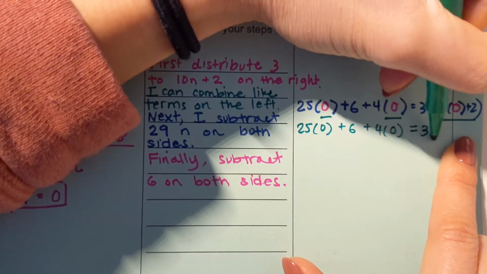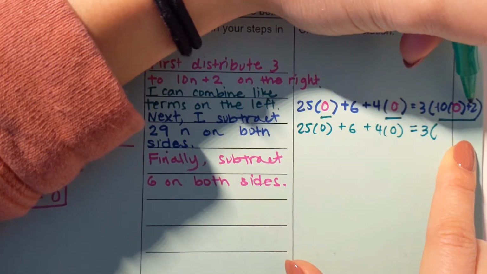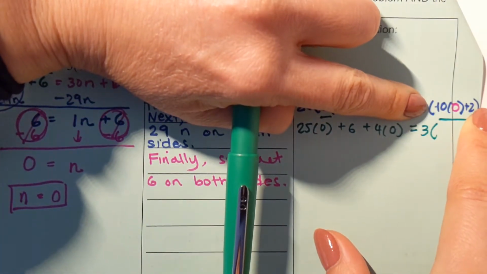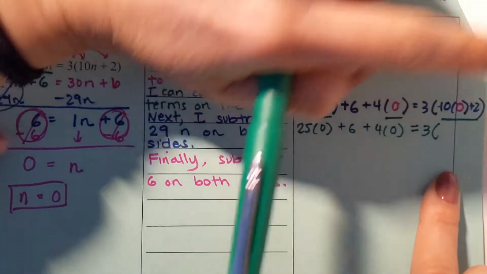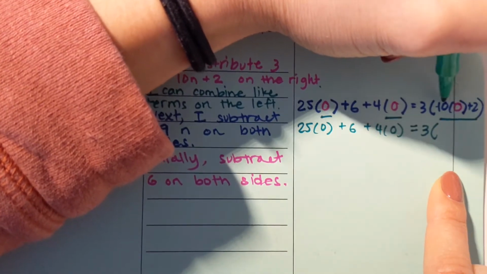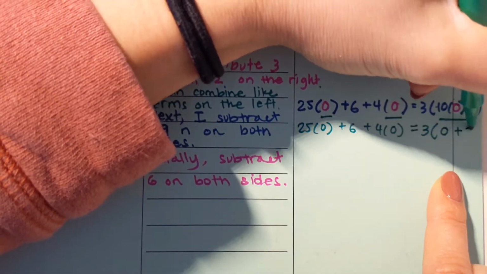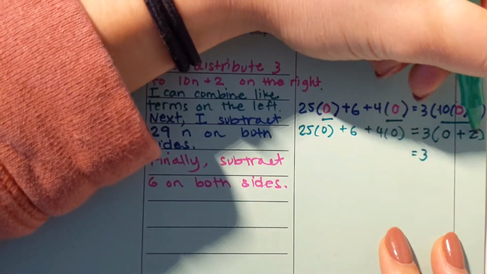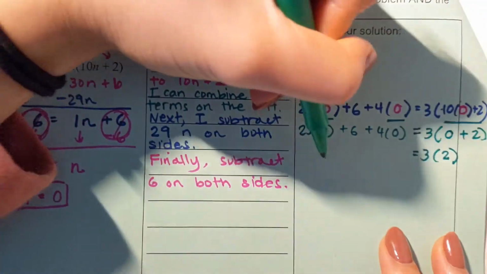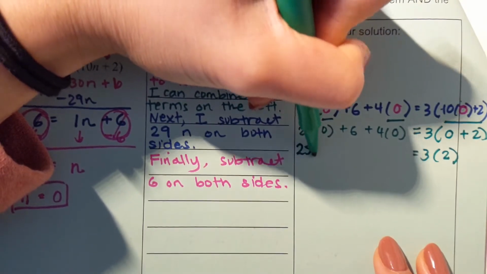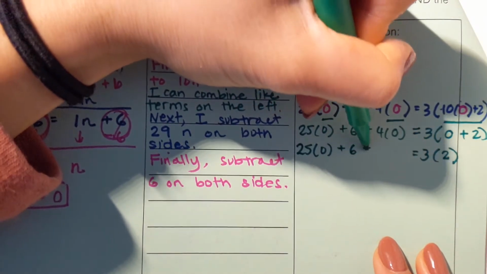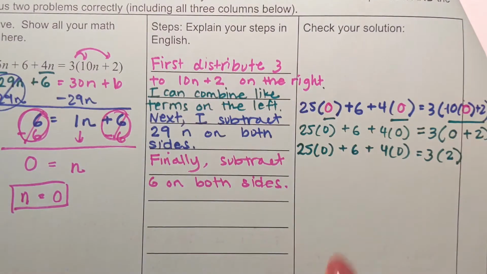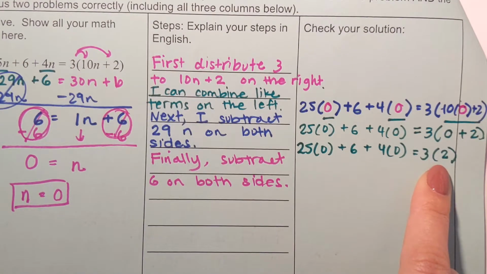And then here I have 10 times 0 plus 2. Inside the parentheses, I have multiplication. I'm going to multiply first before I add. So that's 10 times 0, which is 0. 0 plus 2 is 2.